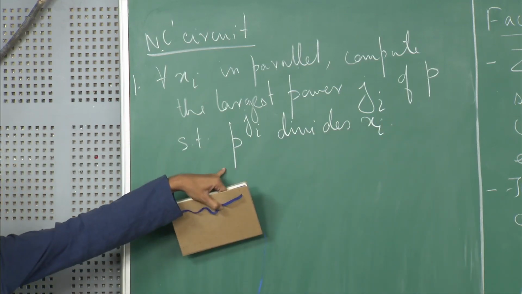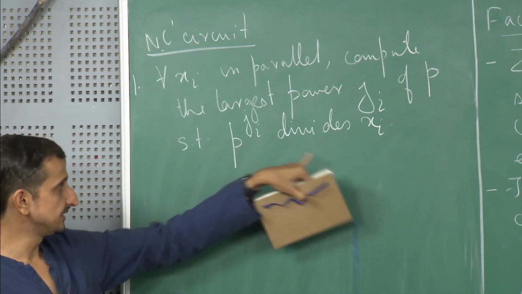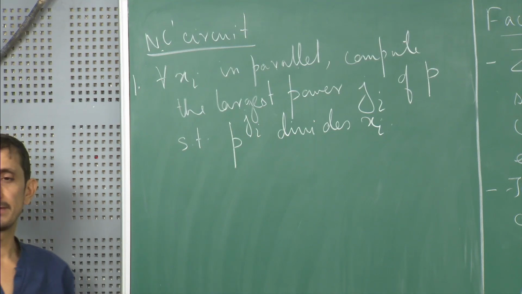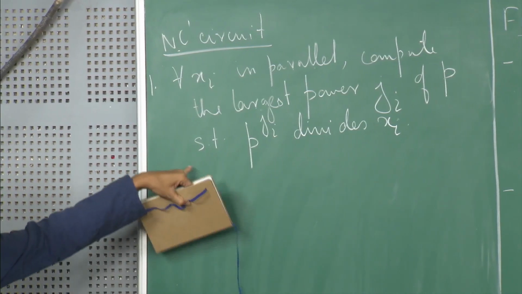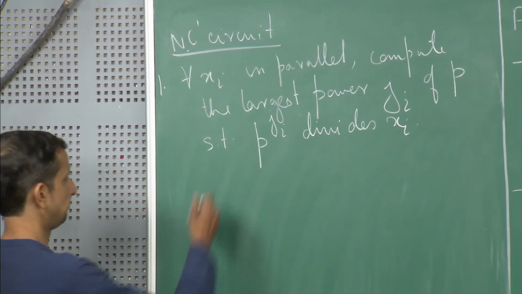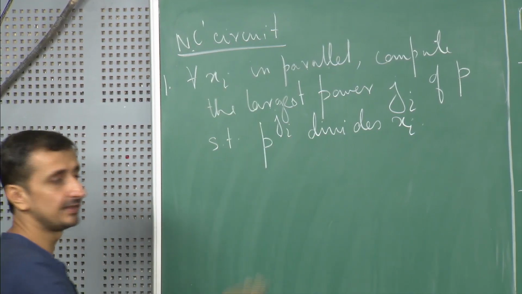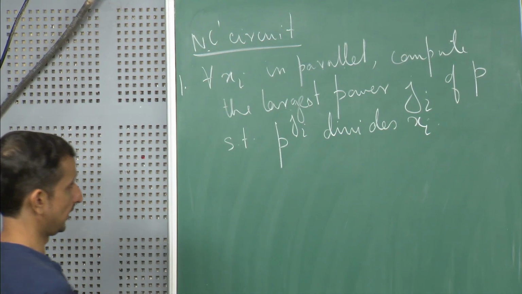So basically p to the power ji will divide xi, but p to the power ji plus 1 will not divide xi. We compute this in parallel. Again we can do this by just repeatedly dividing by p at every step. So p is a small number.